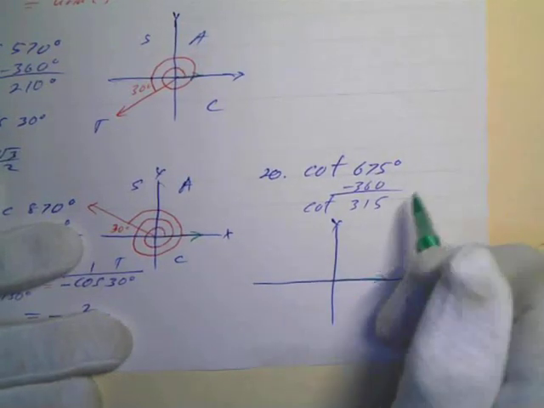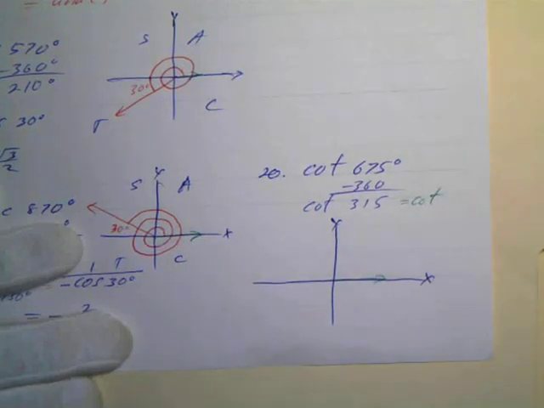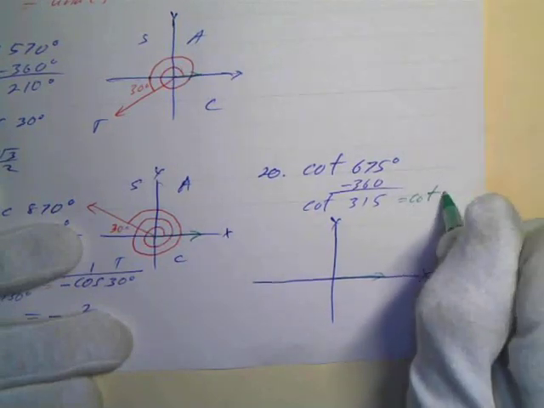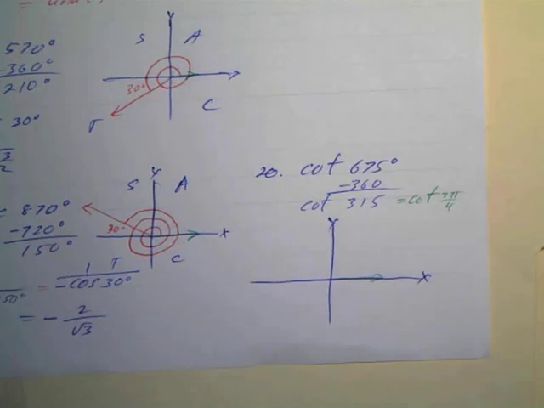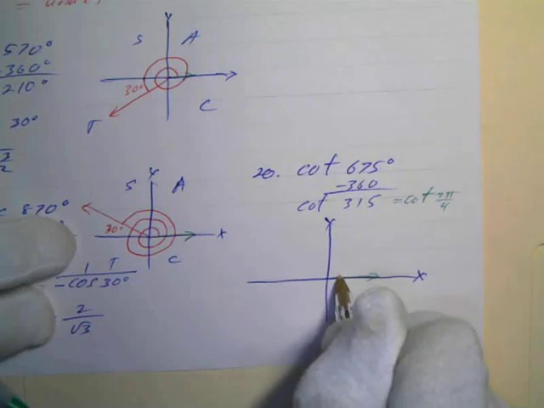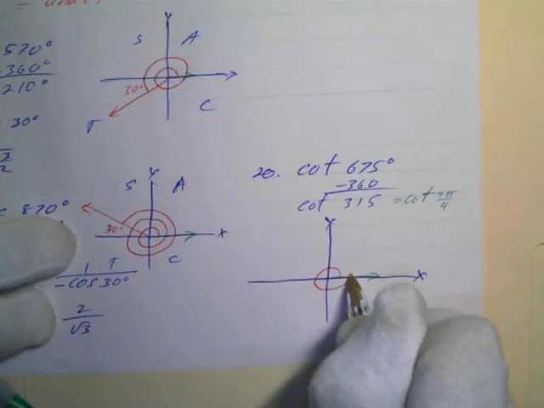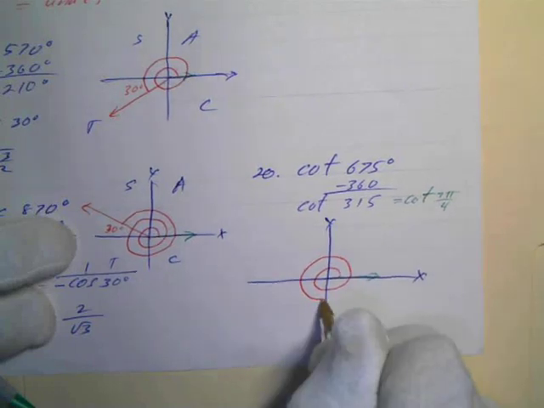Same thing as the cotangent of 7 pi over 4. 7 times 45. If we go around, there's my 360, and there's another 270, and there's another 45.